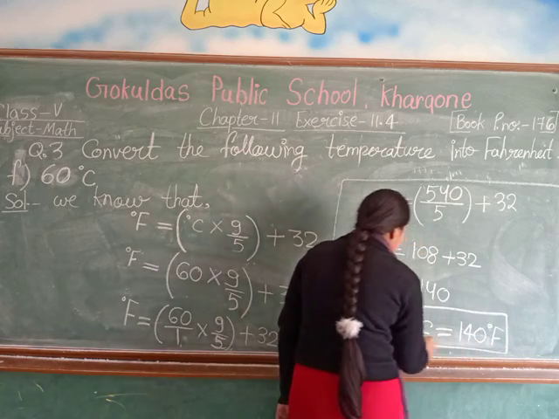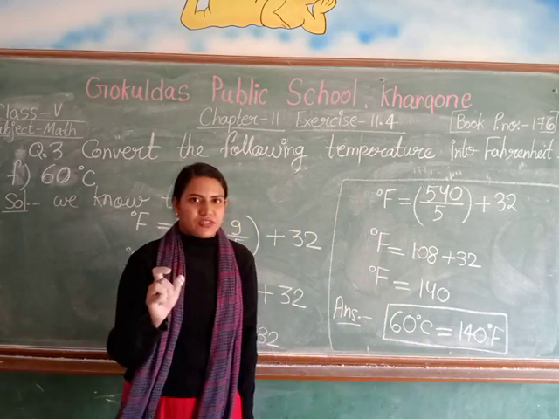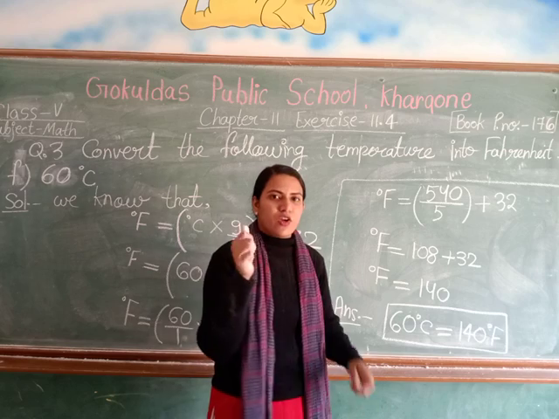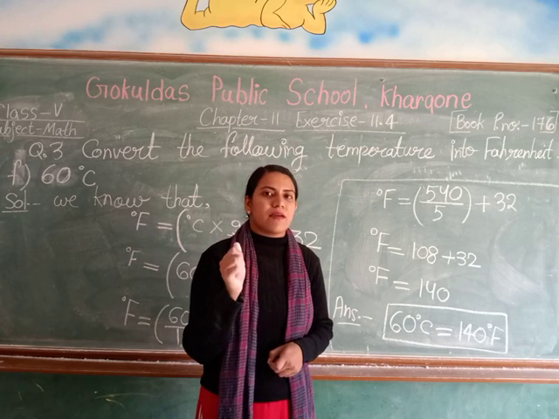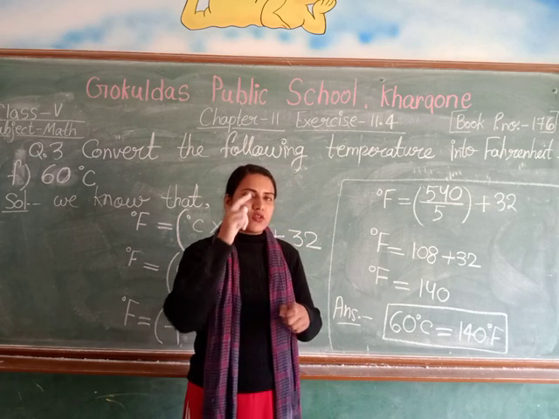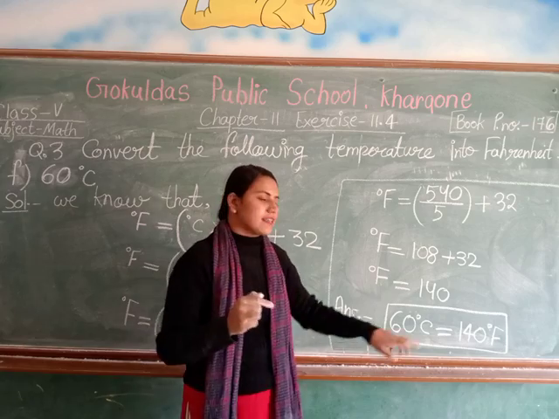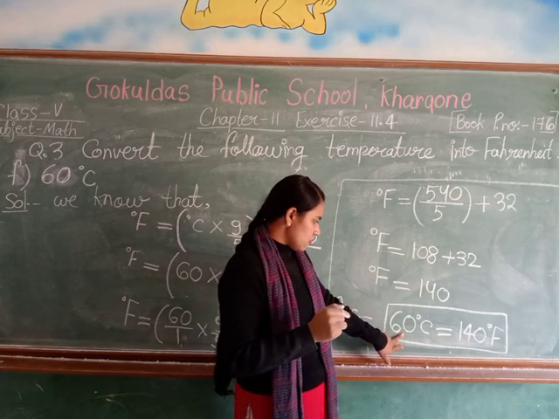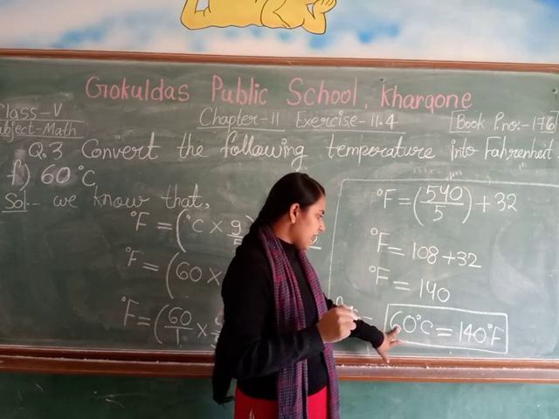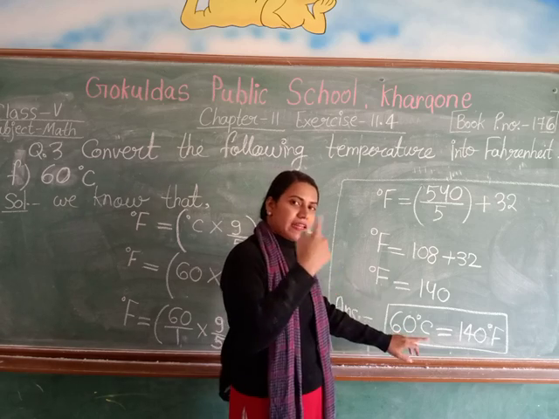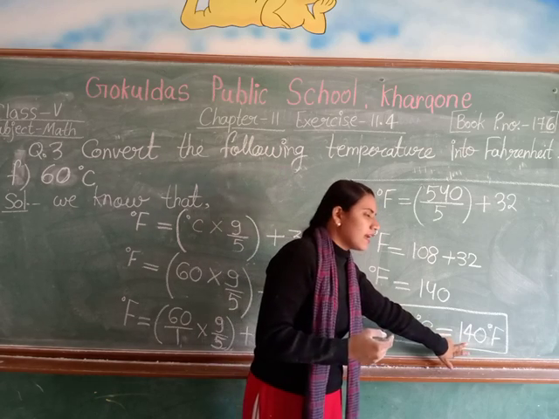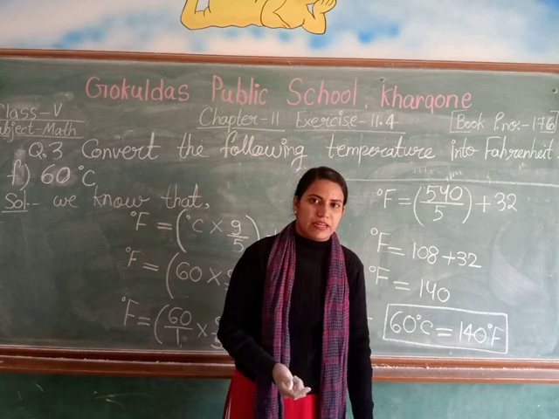So see, if you are observing your body's temperature in a thermometer, and if you see at the centigrade scale, if the lead is at 60 degrees C, so in Fahrenheit scale what you will say? It is 140 Fahrenheit.